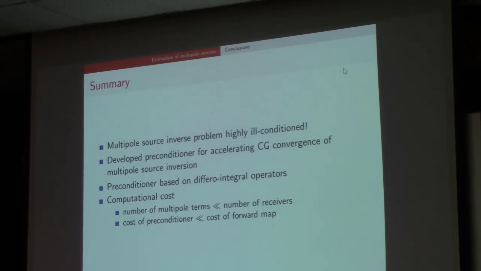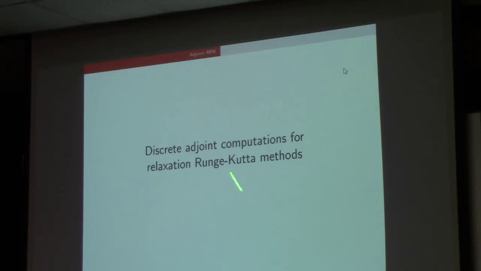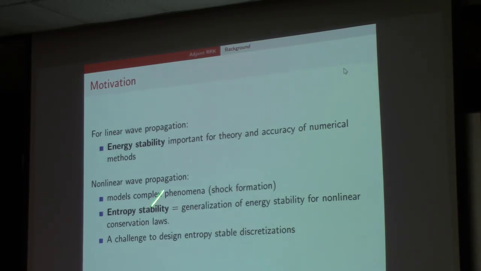So yeah, 60 preconditioning steps is a lot less than 150 non-preconditioned steps, but even at computational cost twice, it is a lot less work. All right, so the last bit of work is on discrete adjoint computations for relaxation Runge-Kutta methods. So I was hinting at this earlier. Linear wave equation propagation. So energy stability was important for problems that are energy conservative, right, or energy stable.